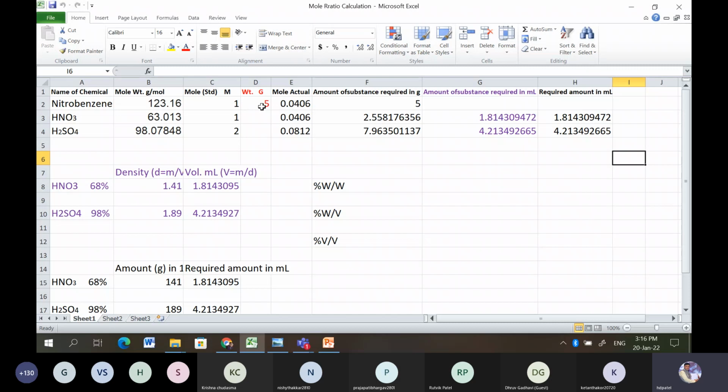Here, in red color, I have shown the amount of nitrobenzene. As we have discussed, what amount of nitrobenzene do we require? We require nitrobenzene 5 gram. Based on that, we have to find out the mole.